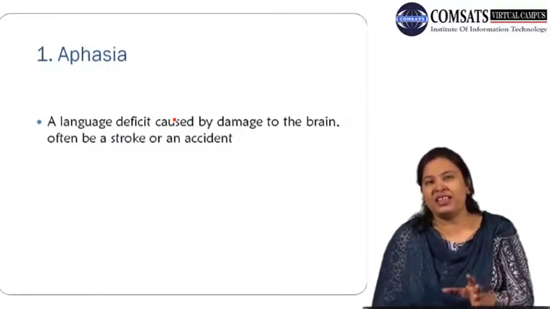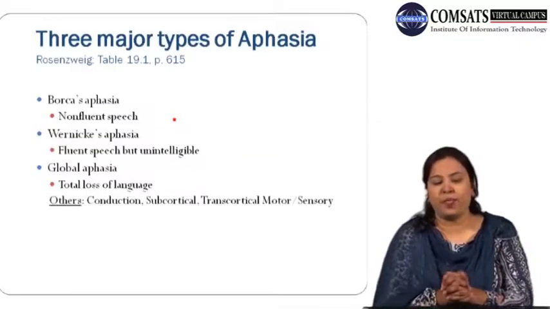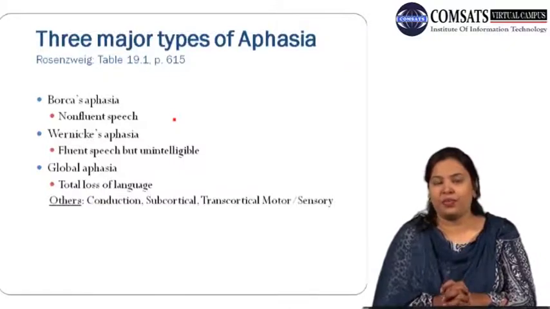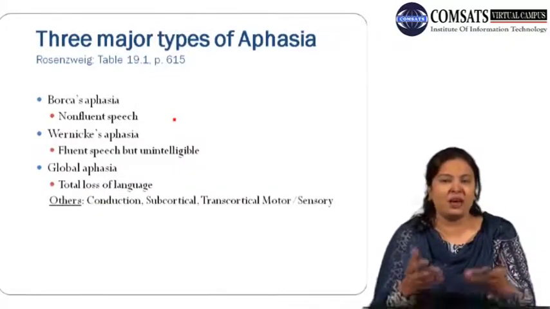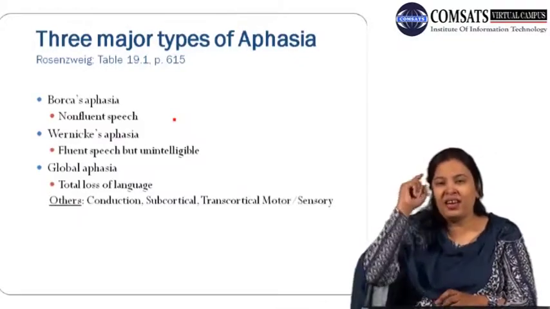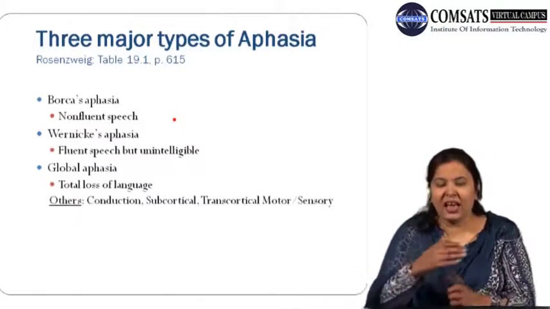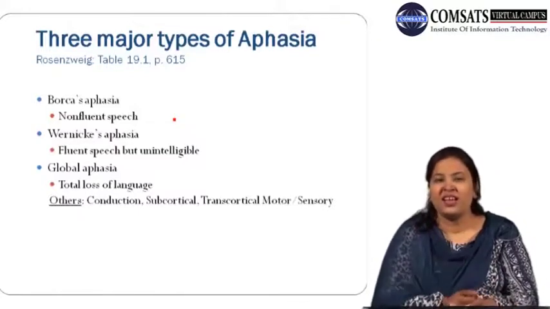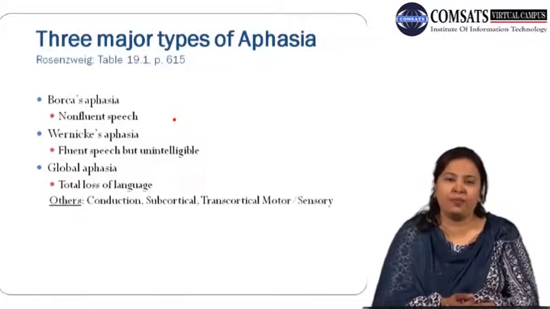In aphasia, we have basically three types: Broca's aphasia, Wernicke's aphasia, and global aphasia. Broca's aphasia: if your Broca area in the left hemisphere gets damaged, and as a result you have non-fluent speech, that is known as Broca's aphasia.